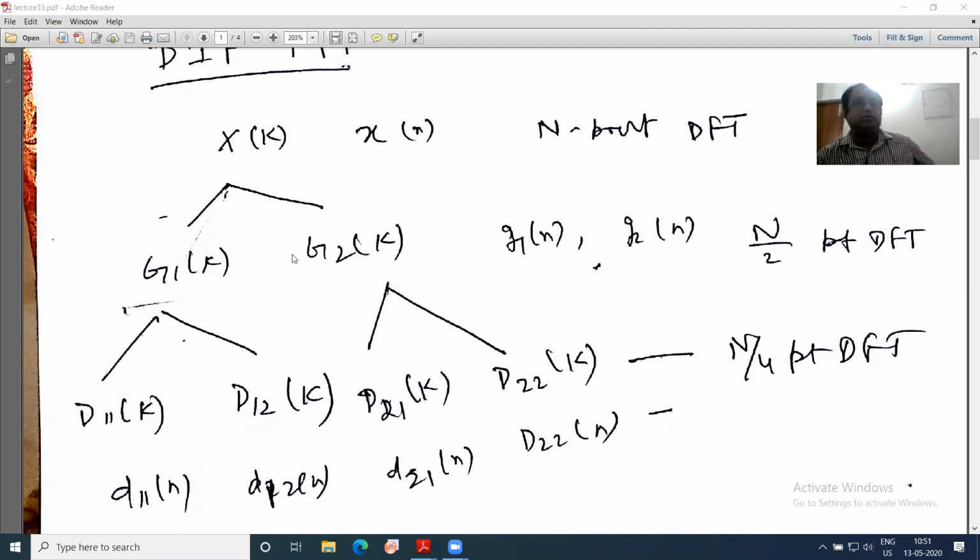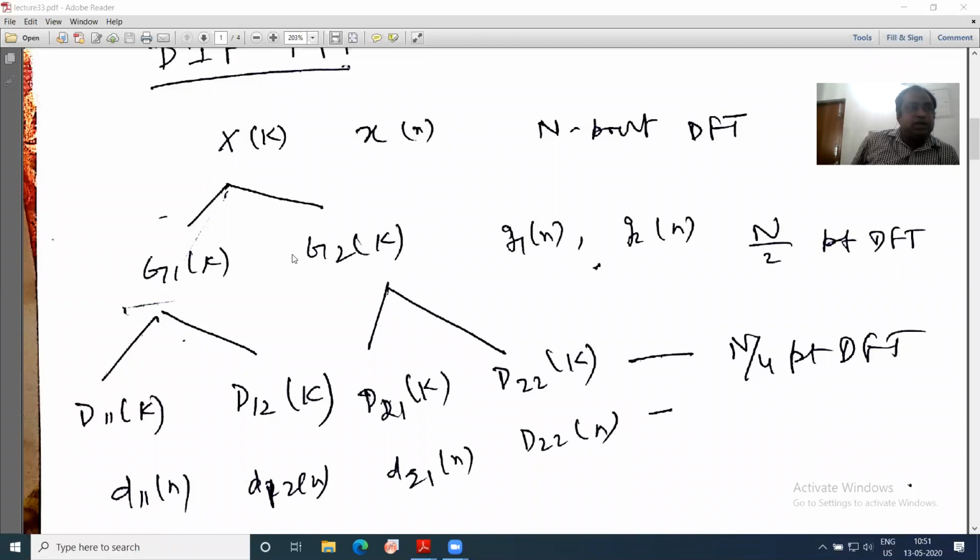Once this is carried out in the frequency domain, it is called decimation in frequency, reduced to the fast Fourier transform, right? Fast Fourier transform because of reduced computational complexity, because you are computing in lower points and then combining together to get the higher-point DFT. In this process, the computational complexity reduces, and therefore DFT becomes FFT.